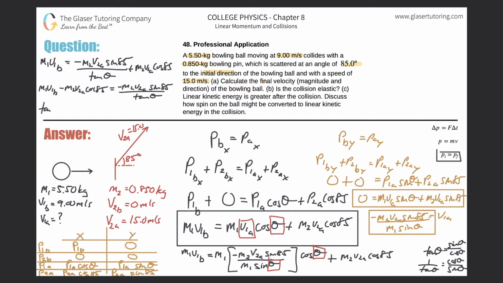So here's tangent of theta should equal now negative m2 v2a sine of 85 all over this whole term, m1 v1b minus m2 v2a cosine of 85. Now, I've got to get rid of the tangent, right?